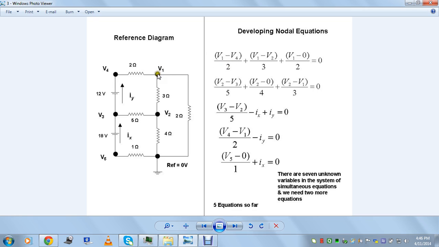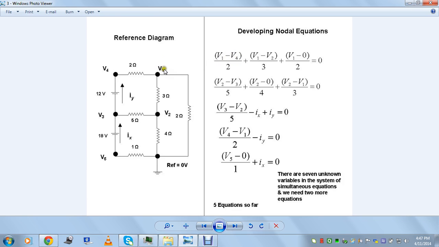It means this is V1, this voltage, when looking from this point you should say V1 minus V4. You are considering this as the higher voltage. Since the current flows from a higher voltage to a lower voltage, you are considering the V1. When you apply the Kirchhoff current law at one particular node, you by default have to assume that that voltage is a higher voltage. So it is V1 minus V4, not V4 minus V1.